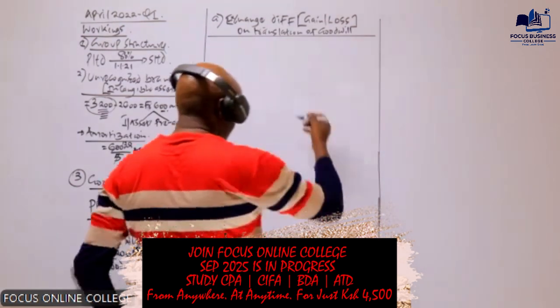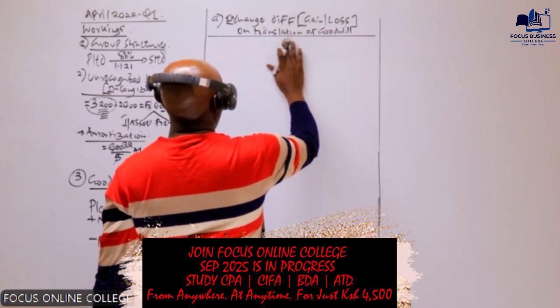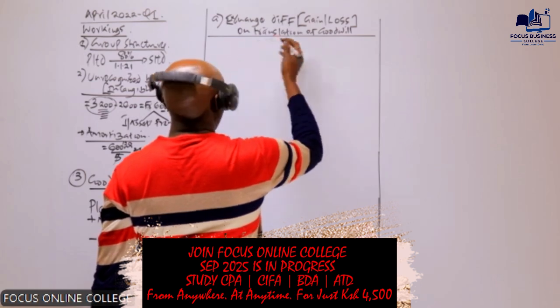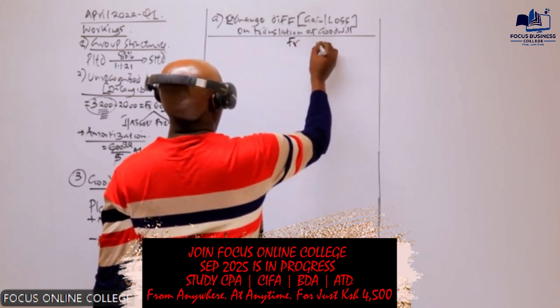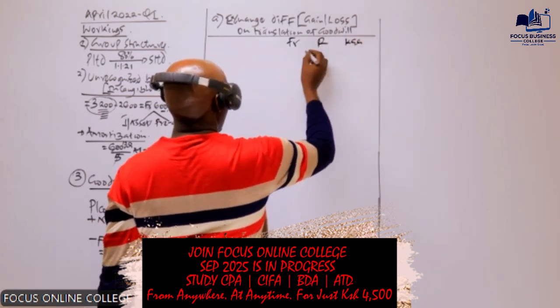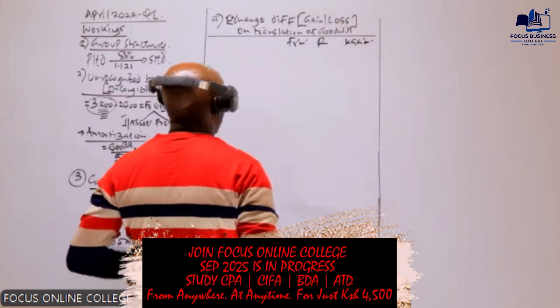In this case, we need to have various columns here. The first column will be for the local currency of the foreign subsidiary, which is franc. We have the exchange rate, and then we are translating that to Kenyan shillings. Our figures are in million of shillings.